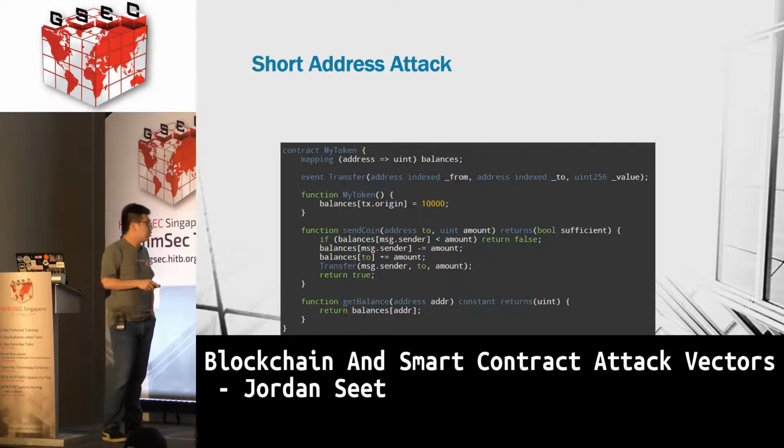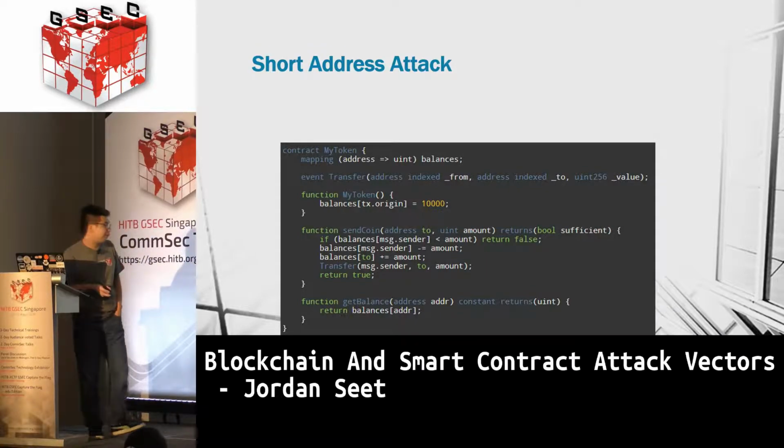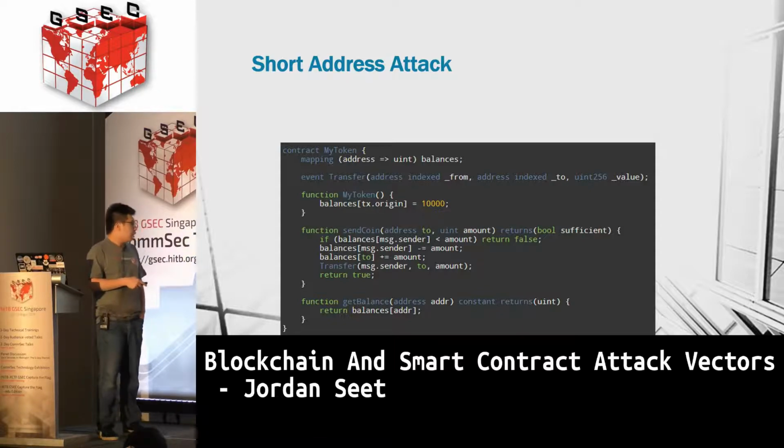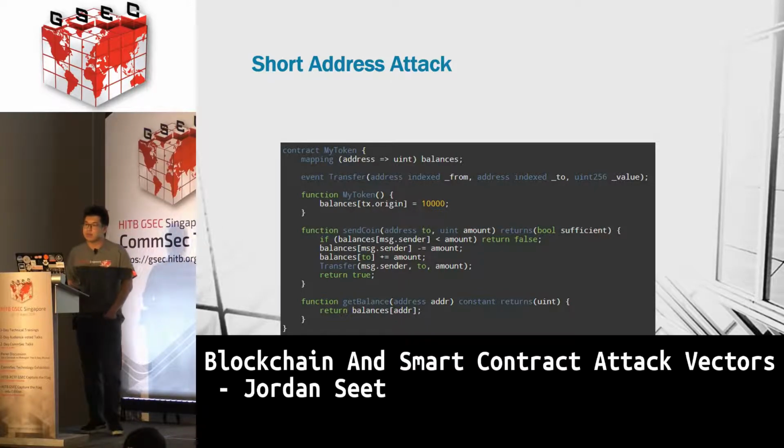I am able to send coins to an address and send a specific amount of coins. This will return a boolean that determines whether it's sufficient or not. If it's insufficient, it returns false, for example. So, can anyone see the potential danger in using this?